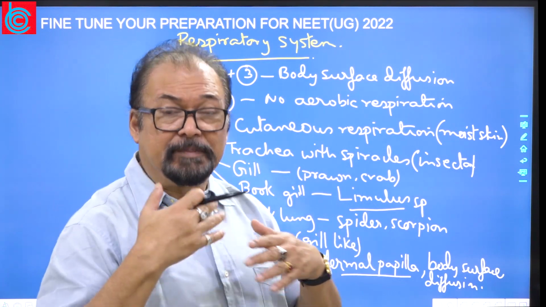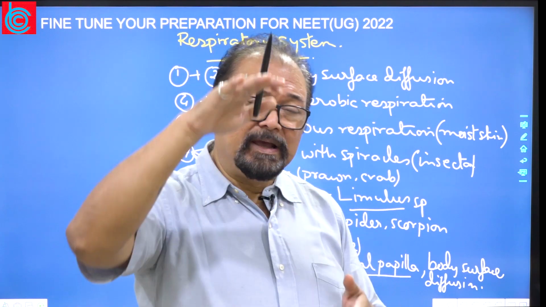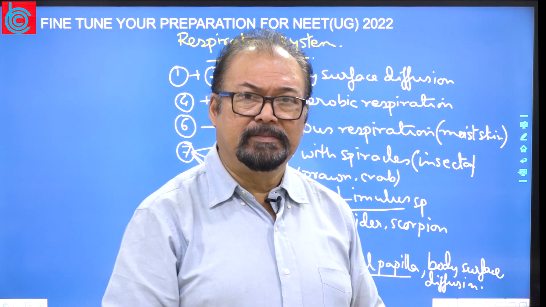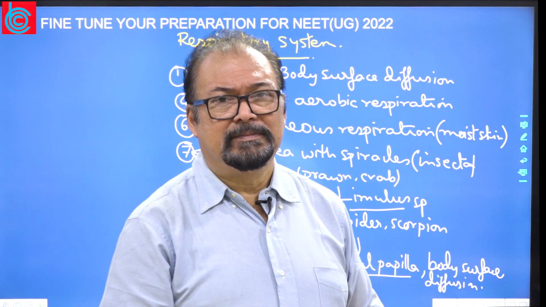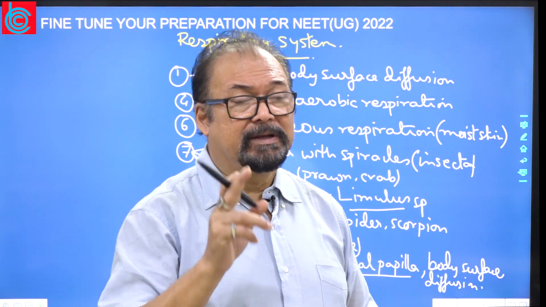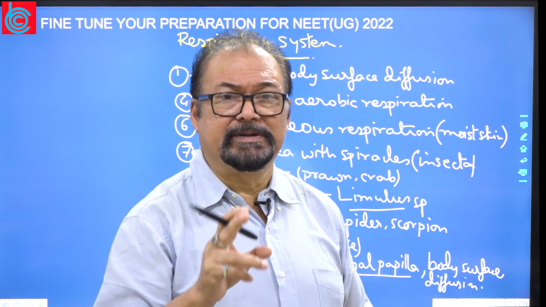Yesterday we discussed that since they live deep inside the sea, many systems have been modified. In echinoderms there is no circulatory, respiratory or excretory system. Why?